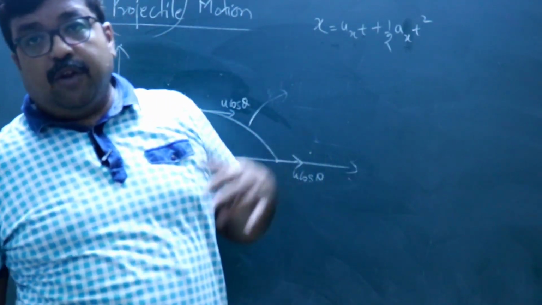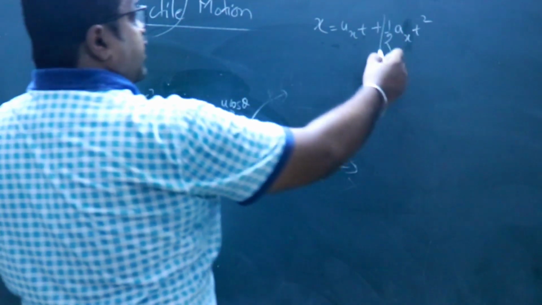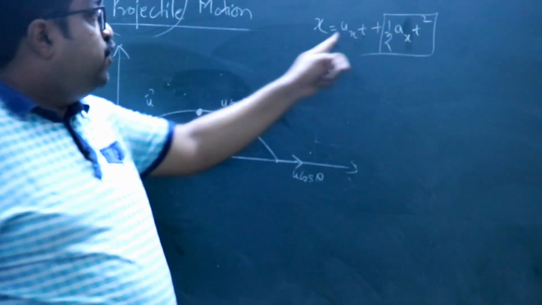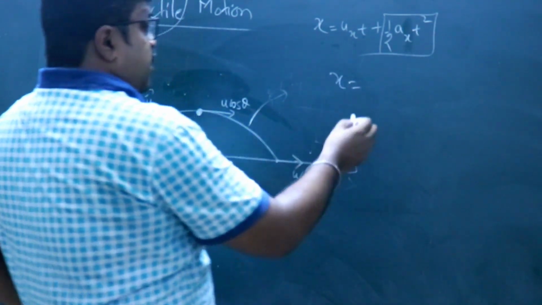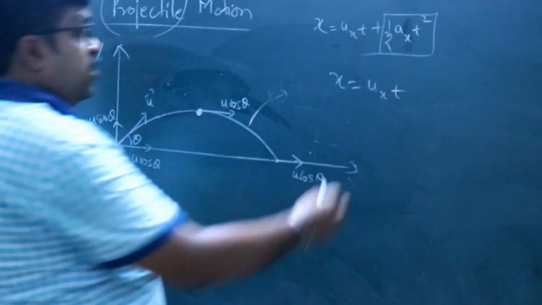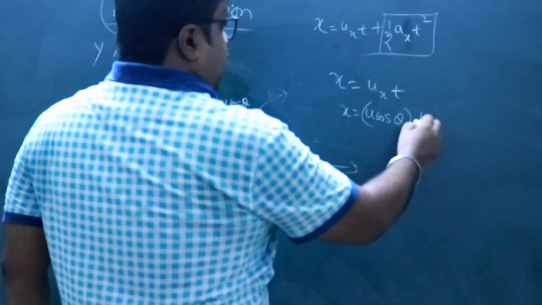It will be the same both along the x-axis as well as along the y-axis. So since acceleration along the x-axis is 0, ax will be equal to 0. So we have x is equal to ux into t. What is ux? ux is u cos theta. So x is equal to u cos theta into t.